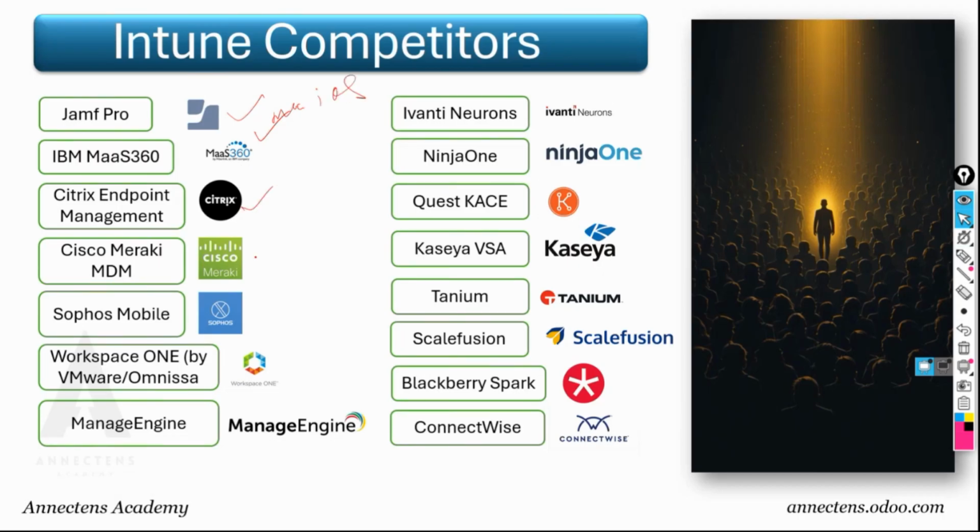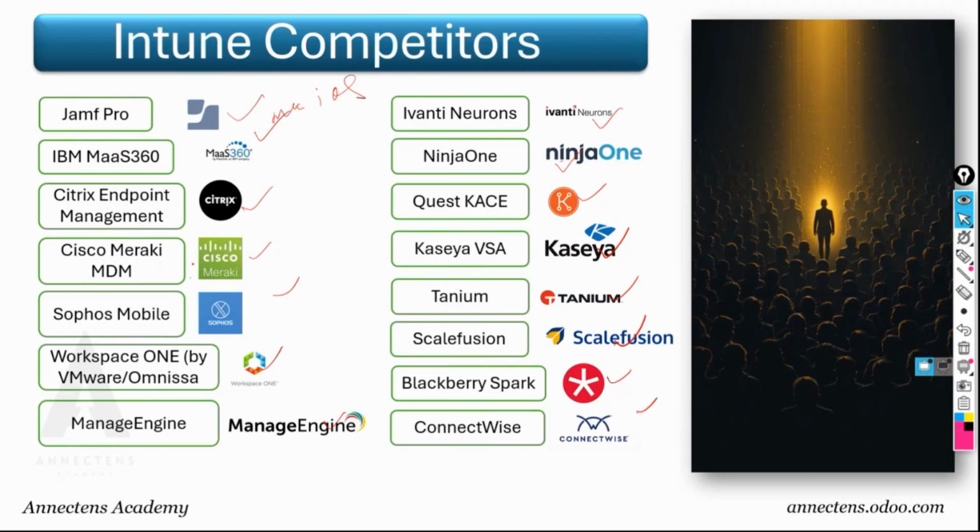Then we have Citrix, Cisco Meraki, Sophos, and Workspace One, which are more advertised, and then there is an engine that is coming from India. Then Ivanti, Quest, Kaseya, Tanium, BlackBerry and ConnectWise. So all these are competitors of Intune.